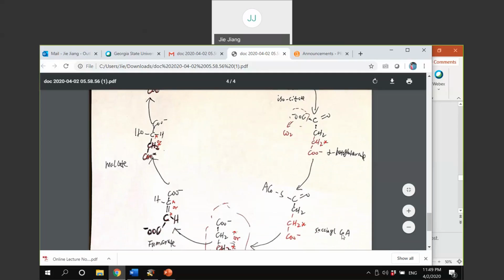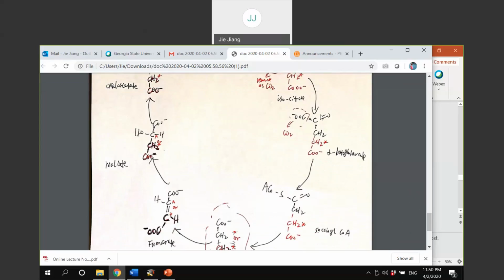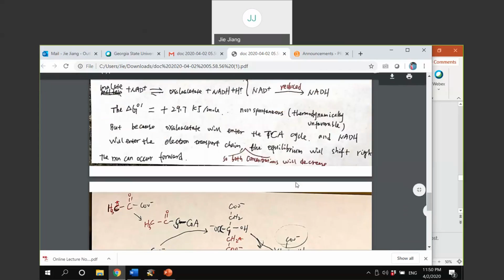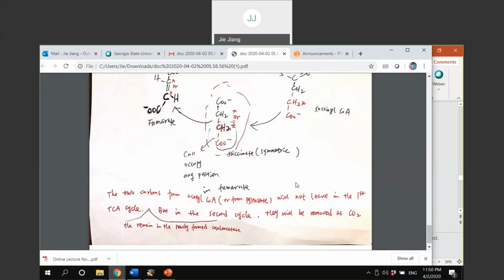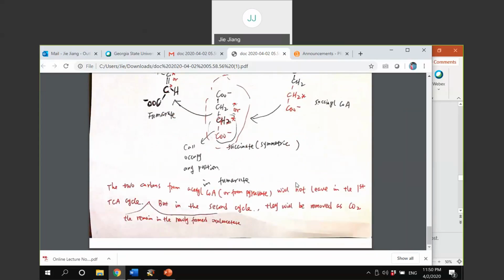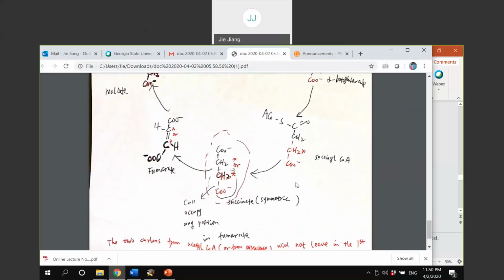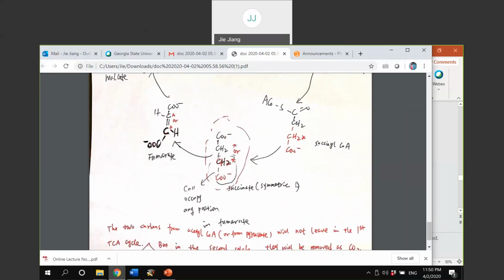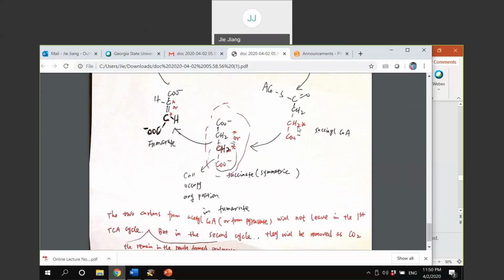So 2 carbon dioxide are removed, but none of them is from your labeled carbon. The labeled carbon is still here in succinyl-CoA. It is a labeled succinyl-CoA.